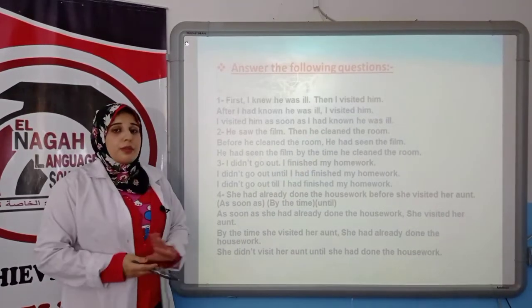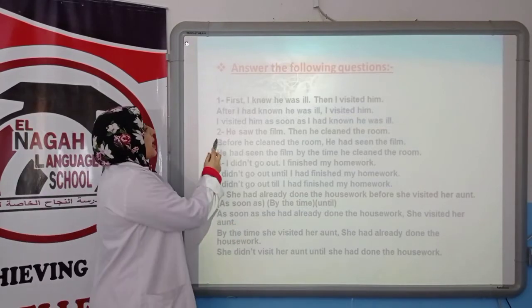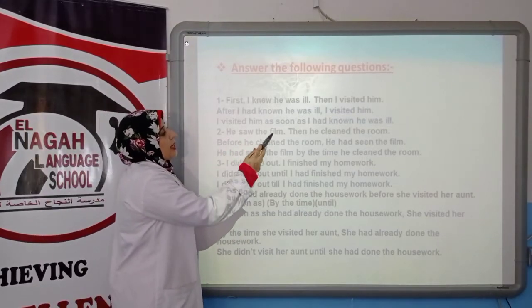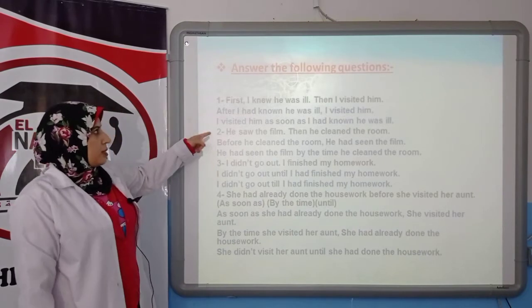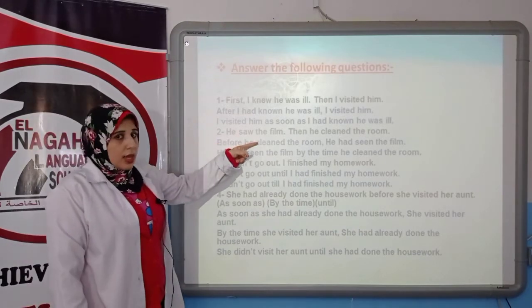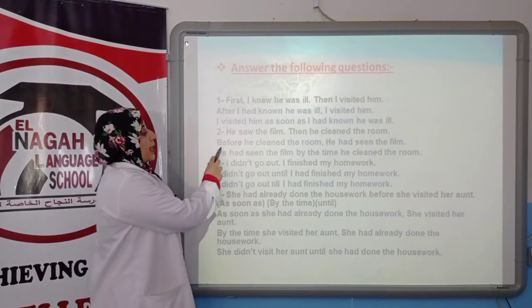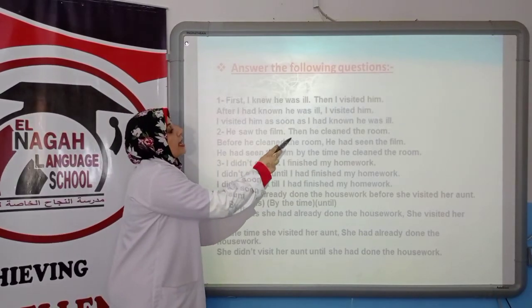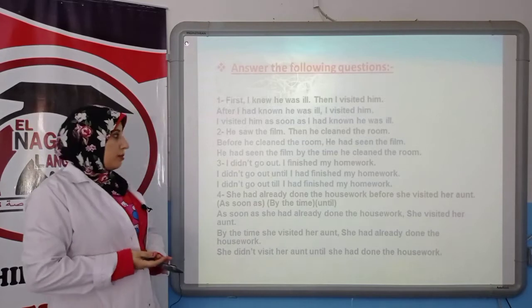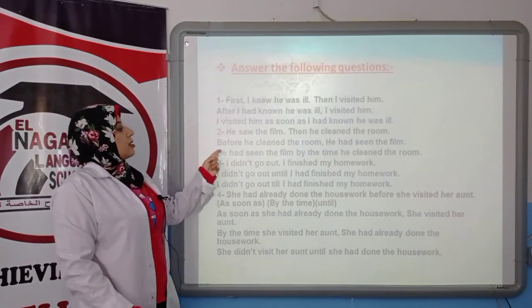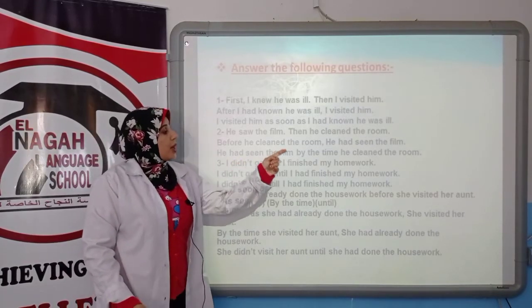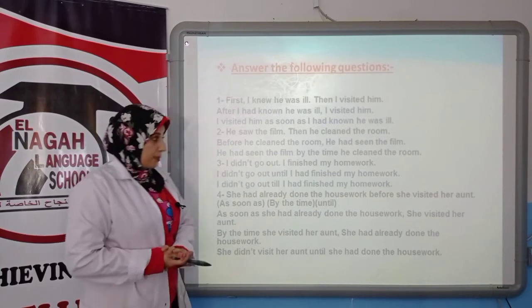Another question. He saw the film, then he cleaned the room. First, he saw the film. Then he cleaned the room. Before he cleaned the room, he had seen the film. He had seen the film by the time he cleaned the room.